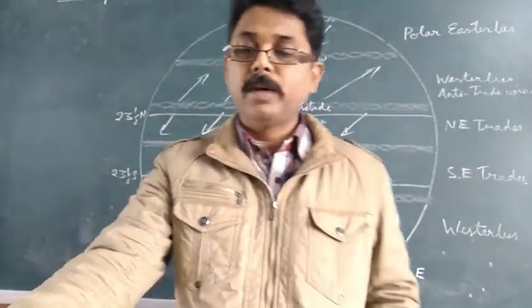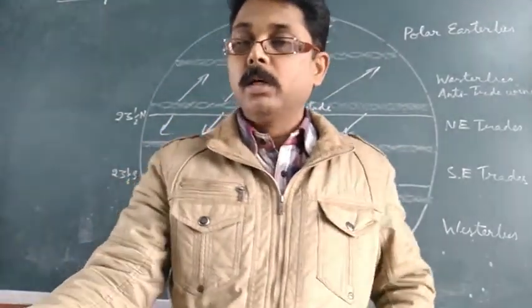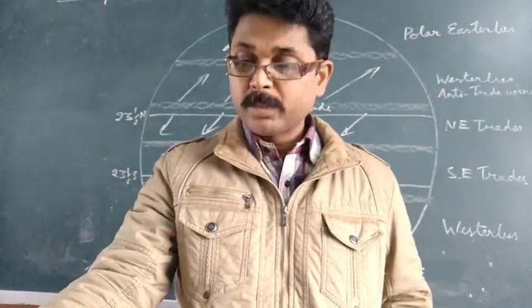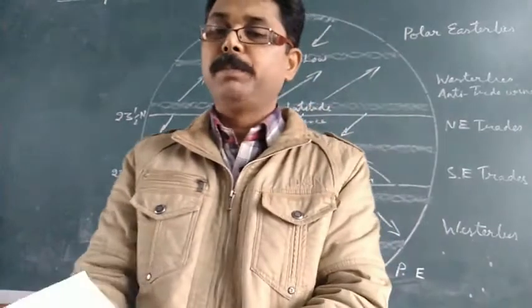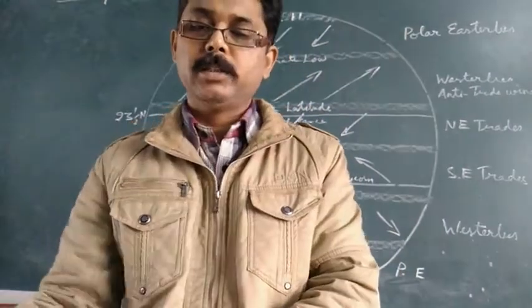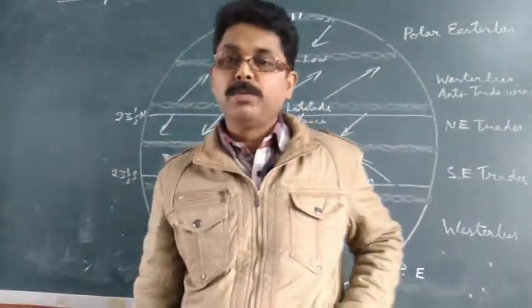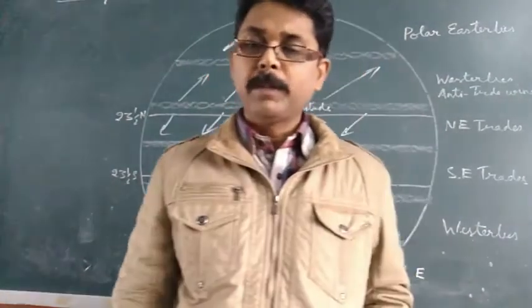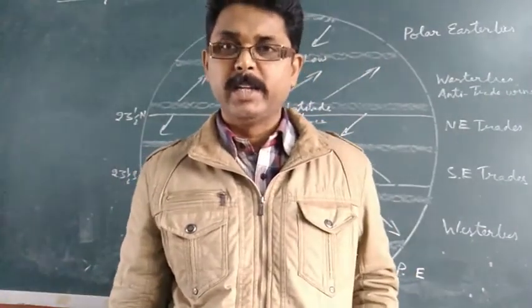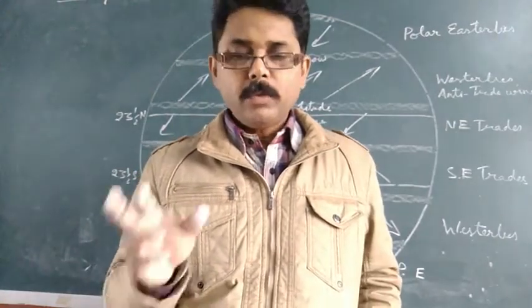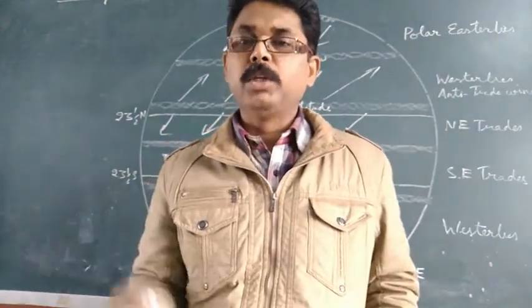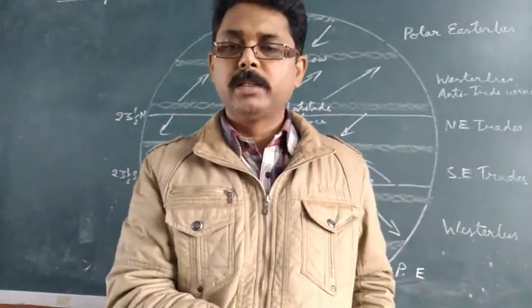Now here, in the South Pacific Ocean, you will find the Peru current. This Peru current is a cold current, but it develops from the South Equatorial current, which is a warm current that develops into the cold Peruvian current.